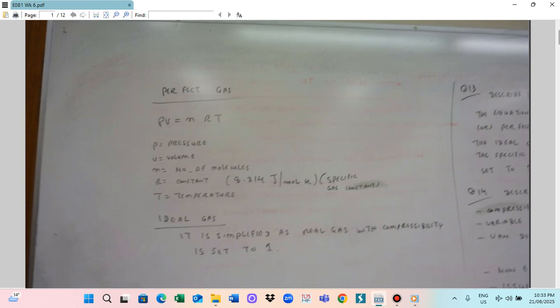It follows PV equal to nRT, this equation. P is the pressure, V is the volume, n is the number of moles, R is the constant, T is the temperature.